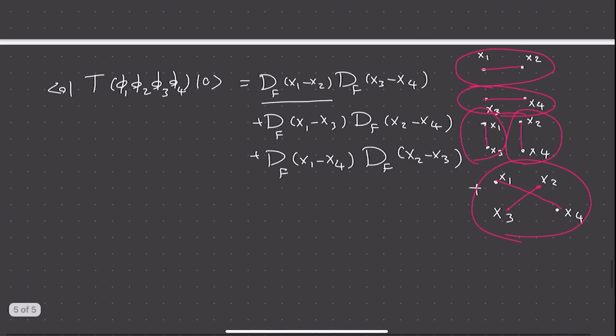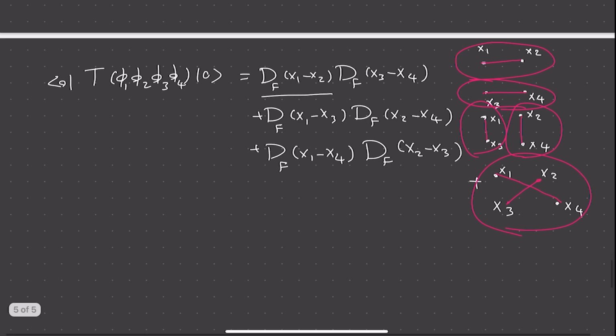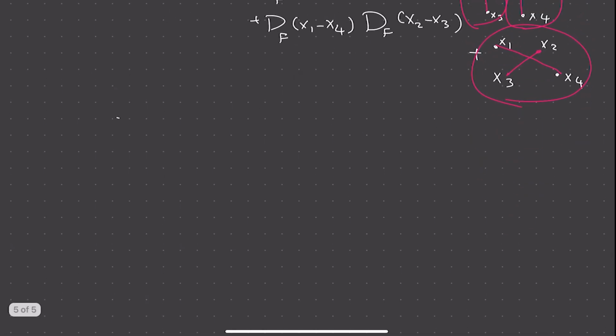So when you say x1 to x2 and you connect them, that is equal to some number that you would call the probability of propagation from one point to another. These Feynman diagrams are just a visualization, but each of these terms is converted into a number, a probability amplitude.